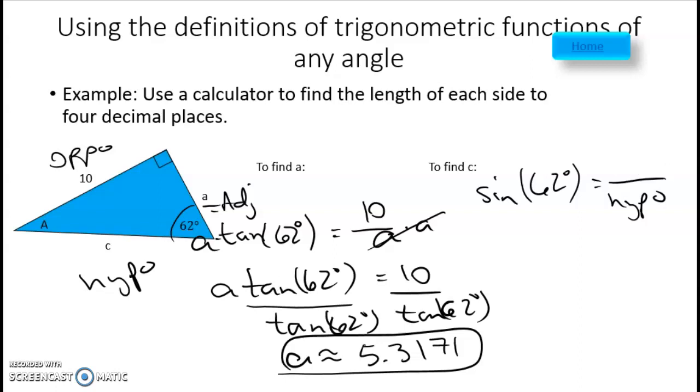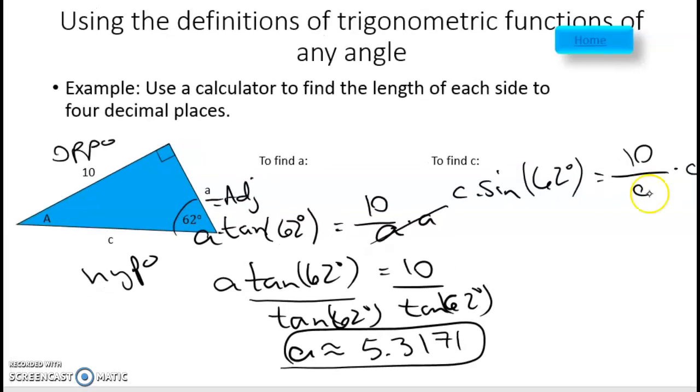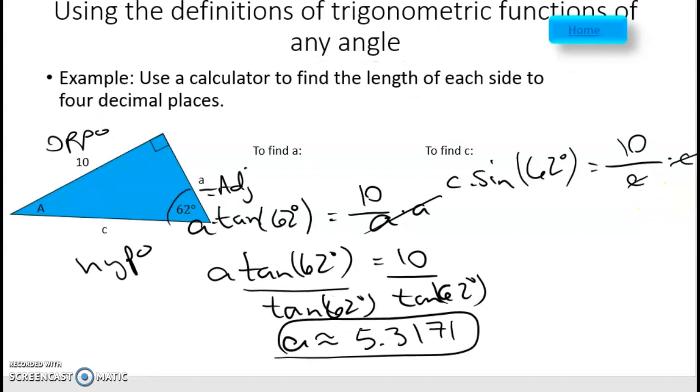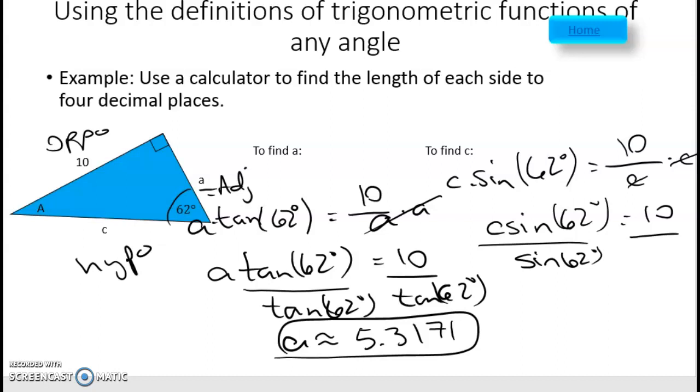We know that the opposite is 10, and hypotenuse, they say, is C. So same thing, I'm going to multiply both sides by C. Cancels out here. And then I'll have C times sine of 62 is equal to 10. Divide both sides by sine of 62.